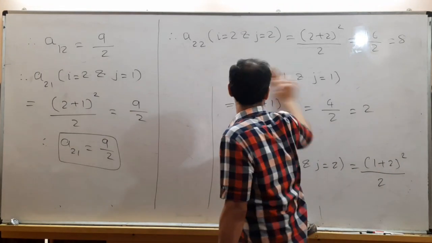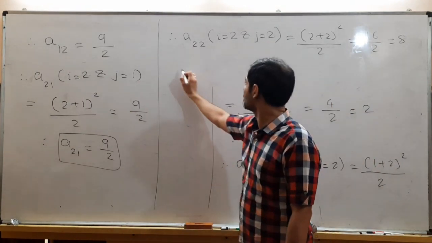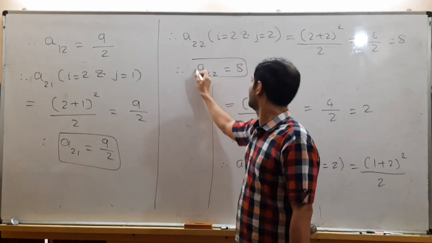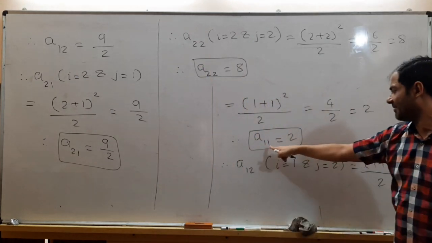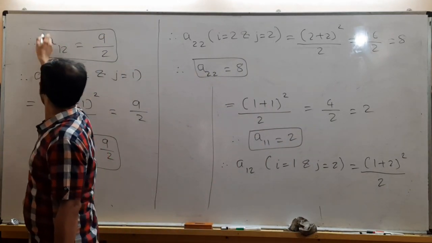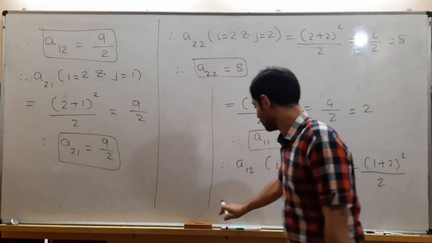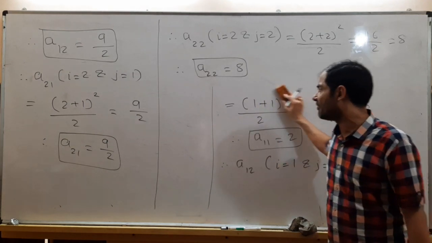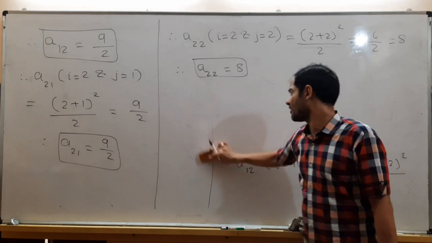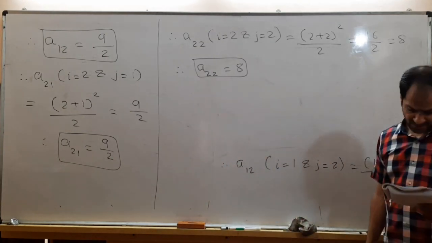So we end up getting A22 as 8. So we have found all 4 elements A11, A12, A21 and A22 of the required matrix.